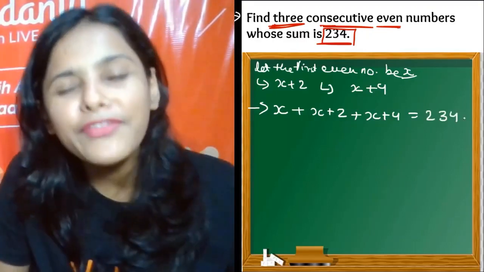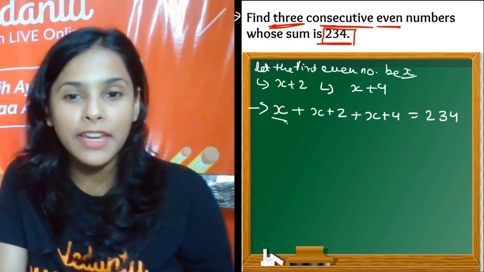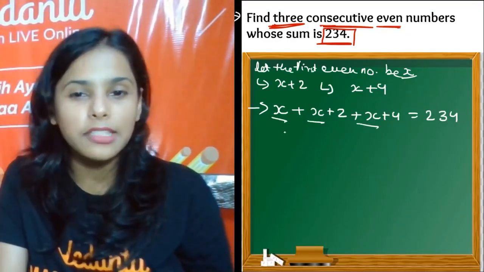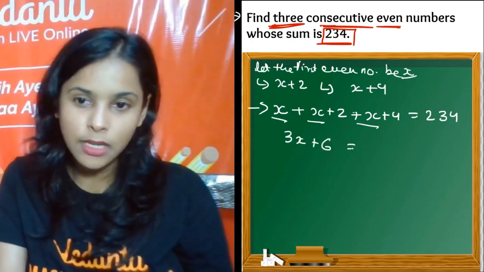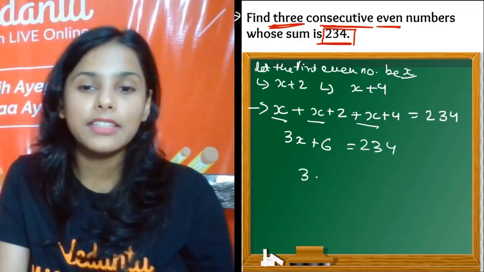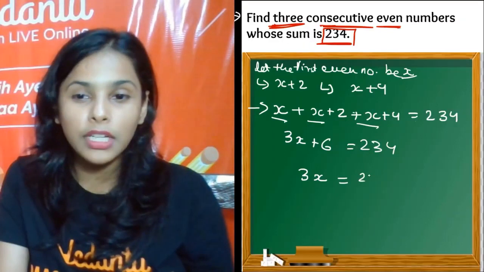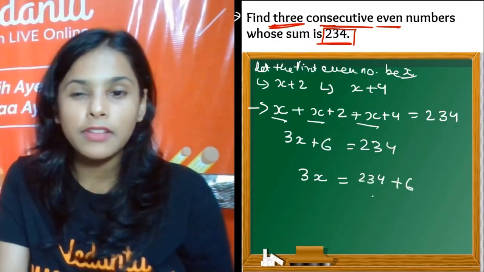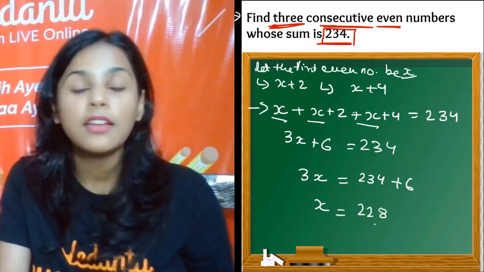हो गया? अब फटाफट से x को ऐड कर लो, that is all the variable terms, x plus x plus x, 3x, plus 2 plus 4, 6 is equal to 234. Now taking 6 to the RHS, so transposing 6, 234 minus 6 is equal to 3x, आपका हो गया 228, right?